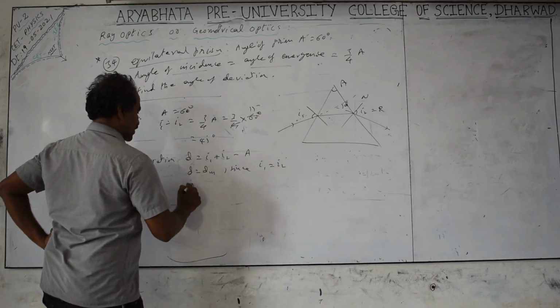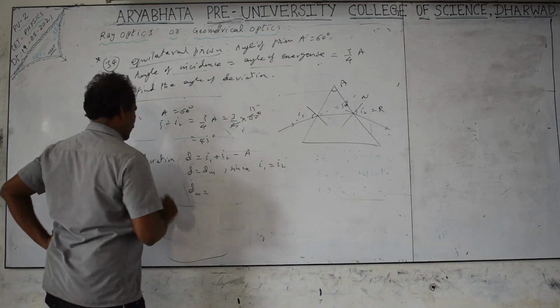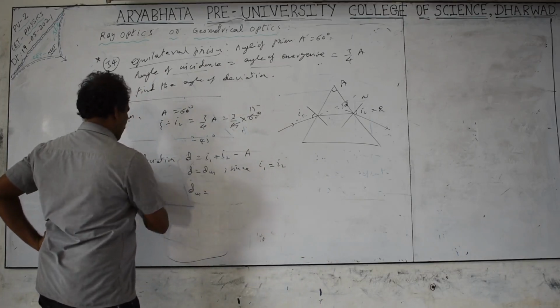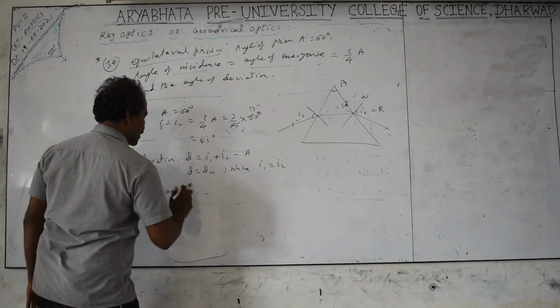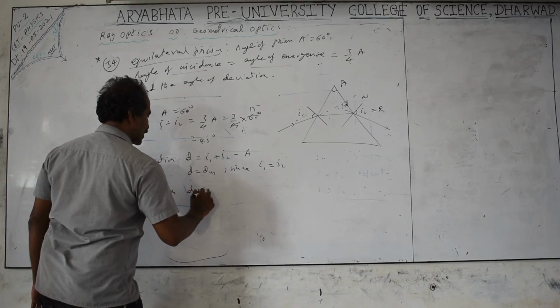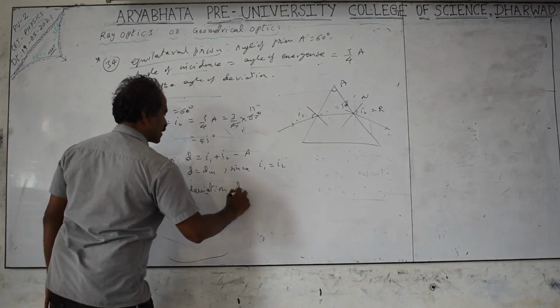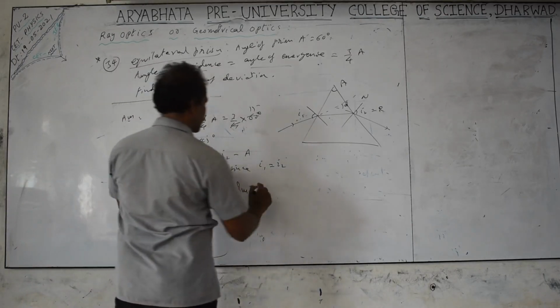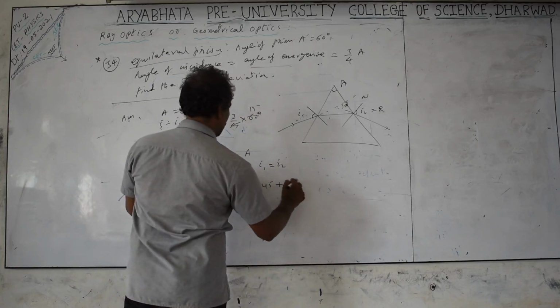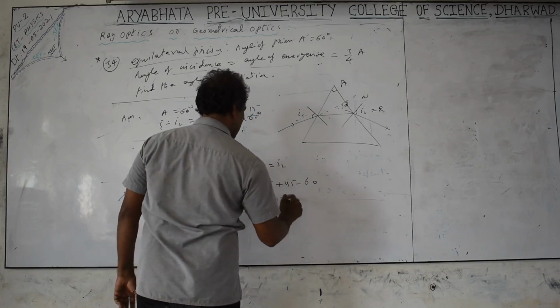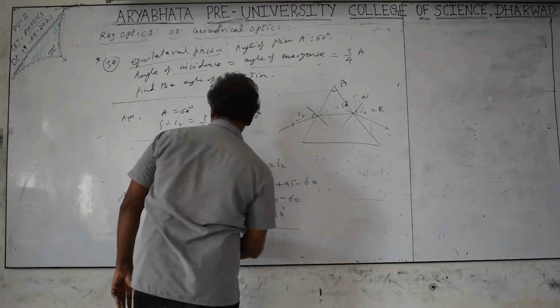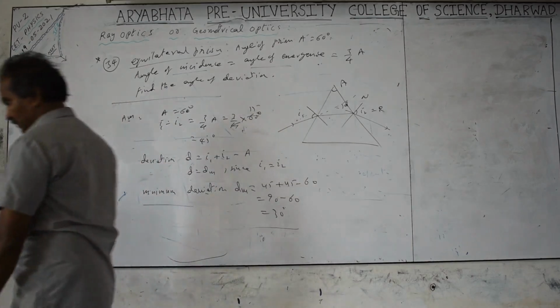So minimum deviation dm is equal to 45 plus 45 minus A, which is 60, so 90 minus 60, which is equal to 30 degrees. That is the answer.